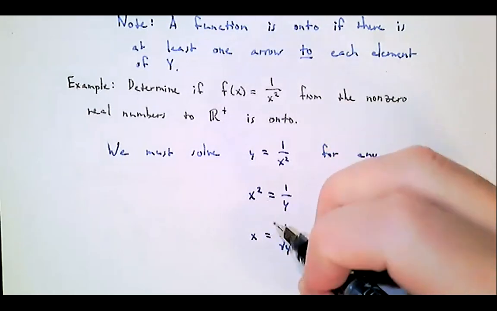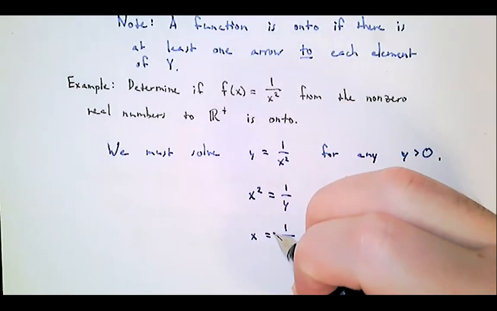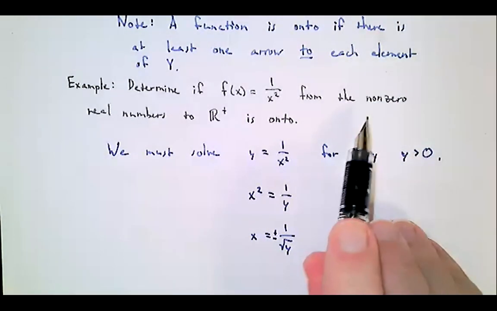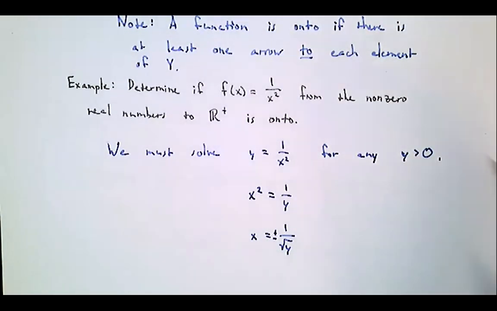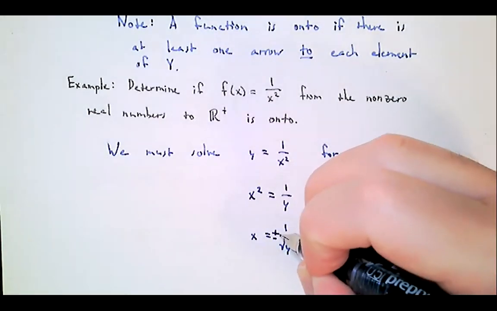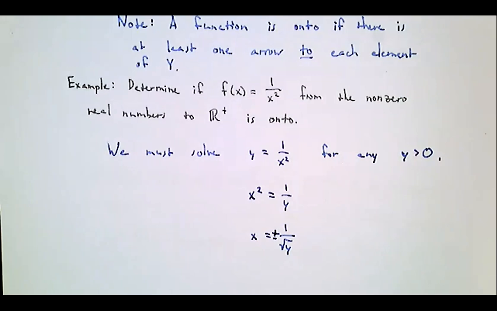And really, we should have a plus or minus here, since x can be negative as long as it's not 0. And when we take a square, that minus sign will go away.